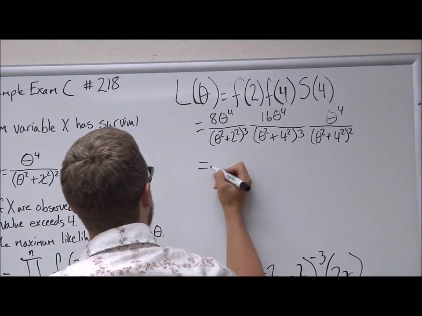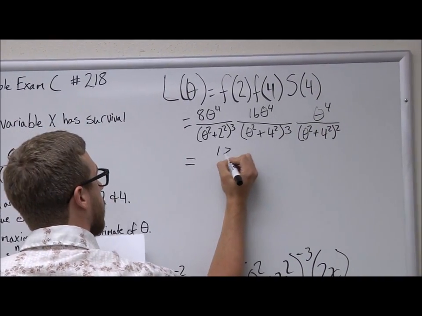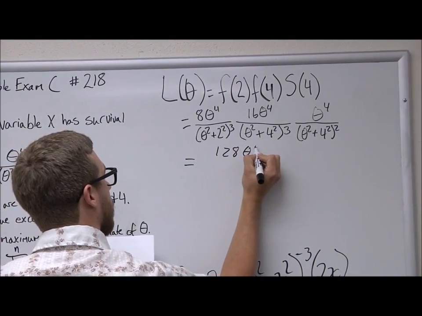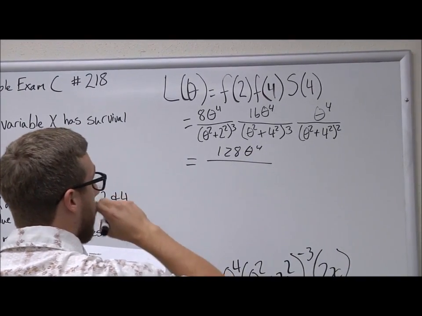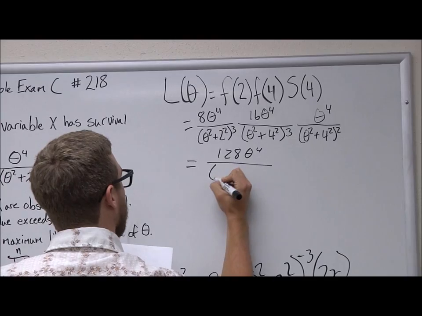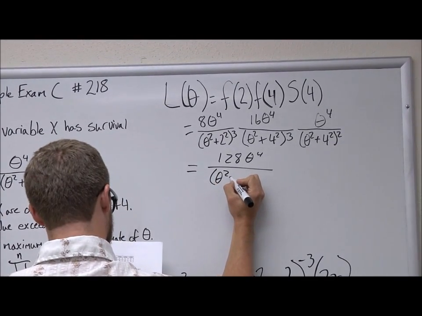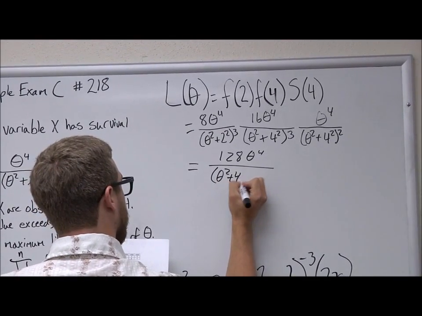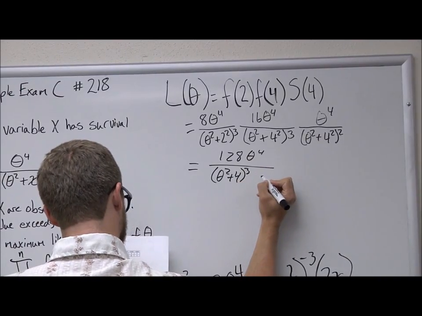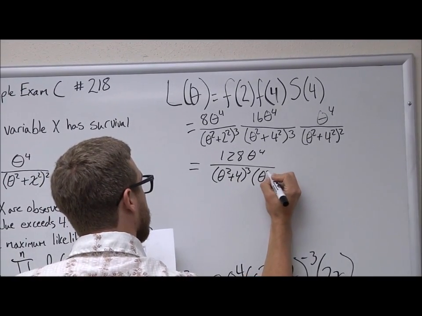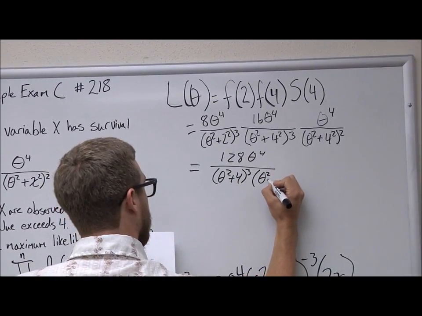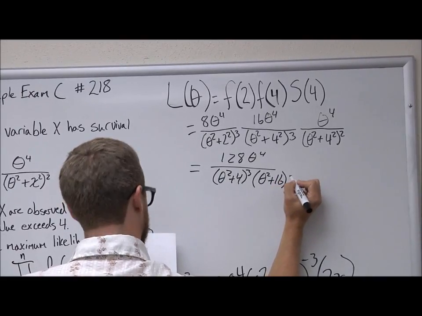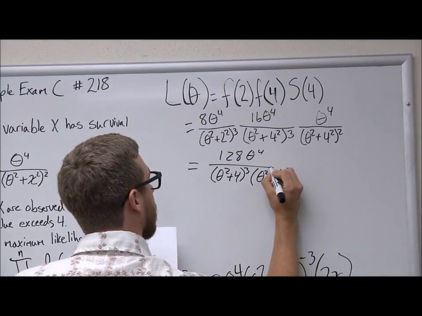And if you simplify it, that equals 128 theta to the fourth over theta squared plus 4 quantity cubed times theta squared plus 16 quantity to the fifth.